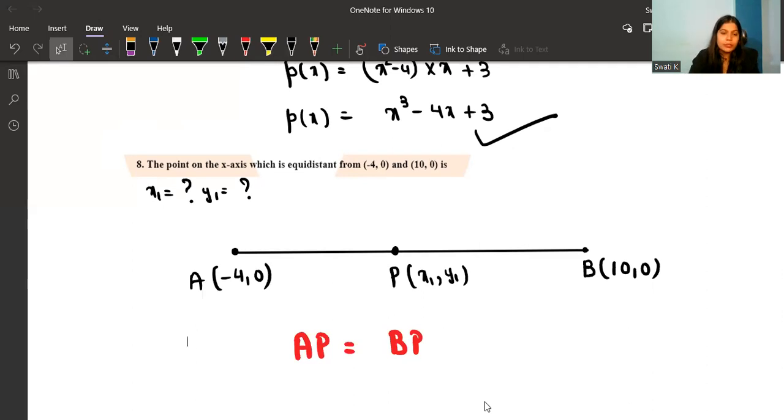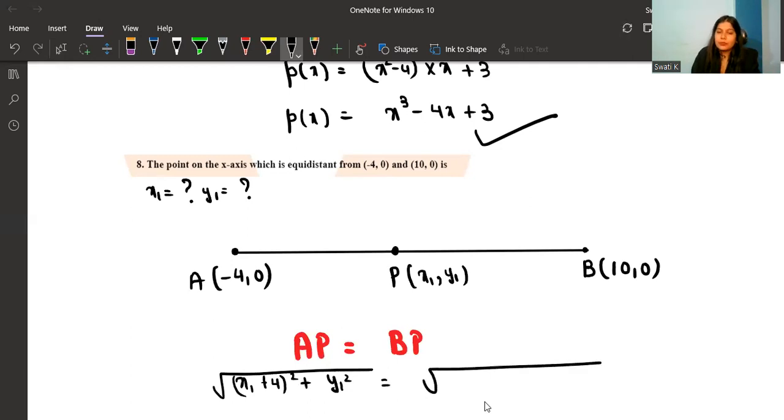Using distance formula, it will become root over (x1 plus 4) whole square plus y1 minus 0, that is y1 square, is equal to root over BP. So BP will become again root over (x1 minus 10) whole square plus y1 minus 0, that is y1 square.